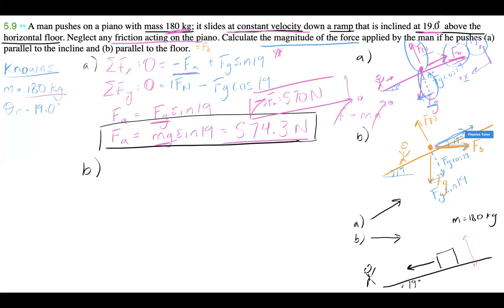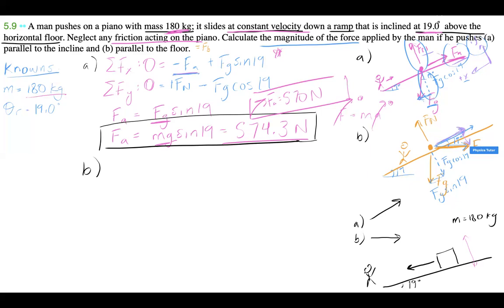Actually, I should use a different color so that it's a little bit more clear. Let's do purple, actually. That'll be easier. Okay, so over here, we're going to have one component, right?